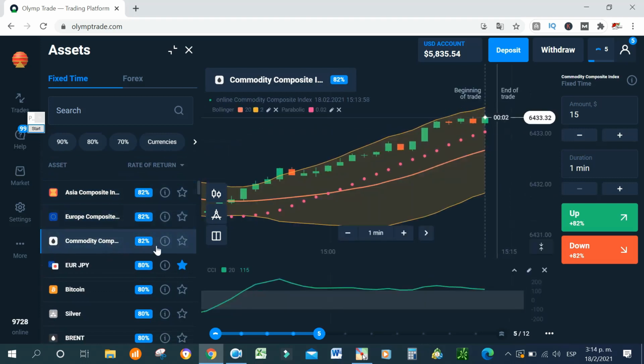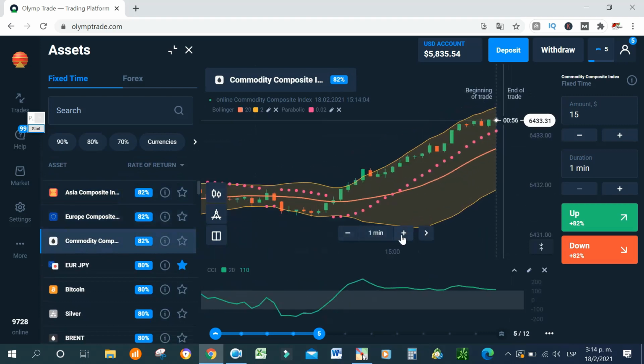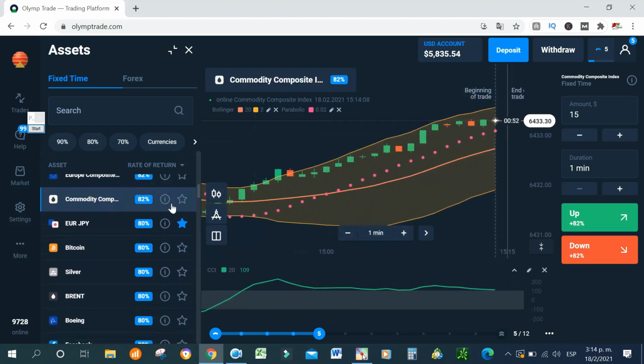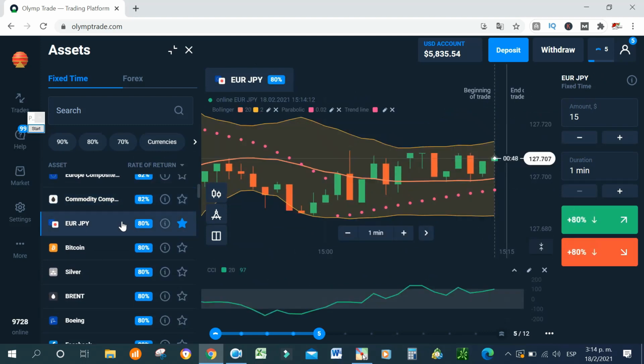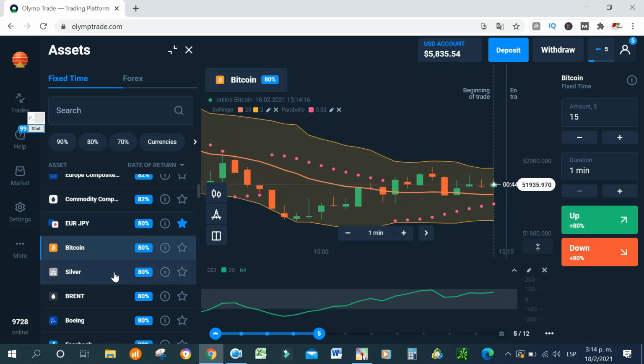We have the commodity composite. Let me see Bitcoin. No, Bitcoin is fluctuating in a range during the all day.